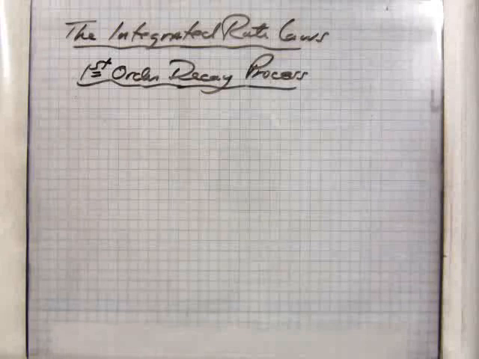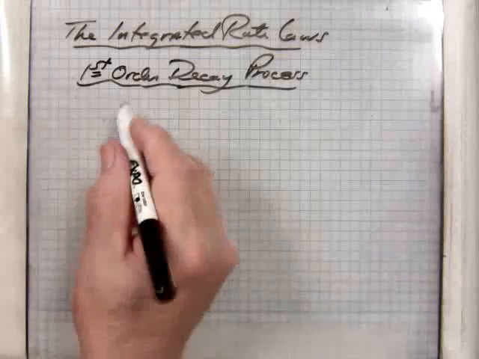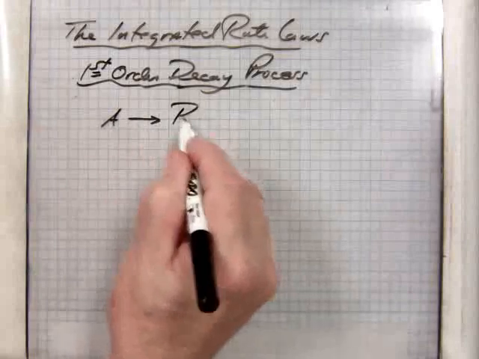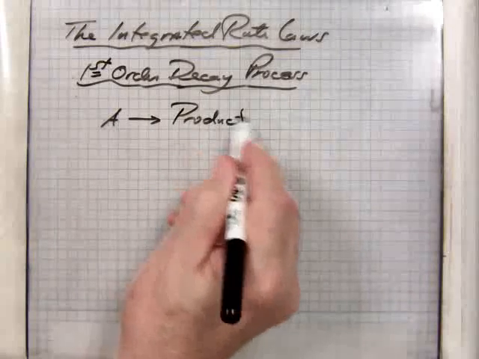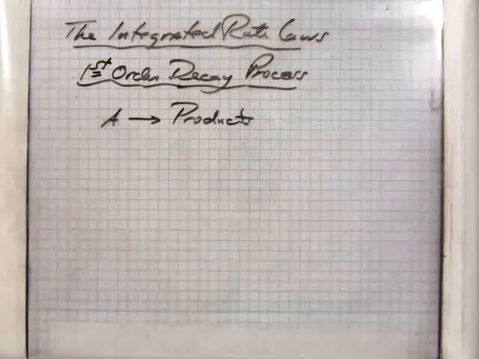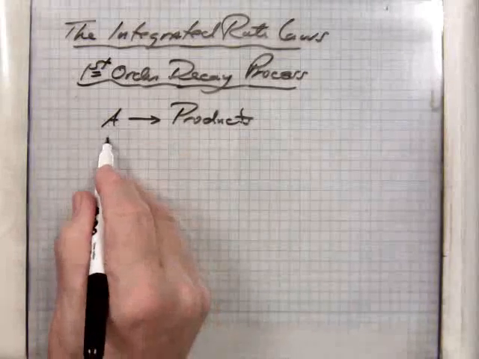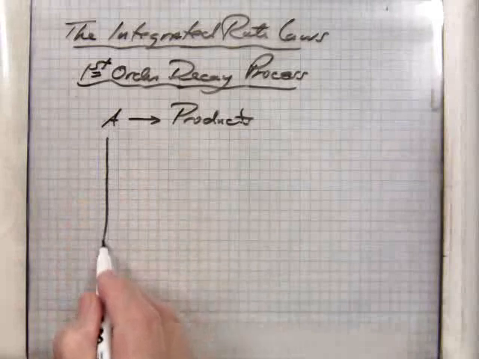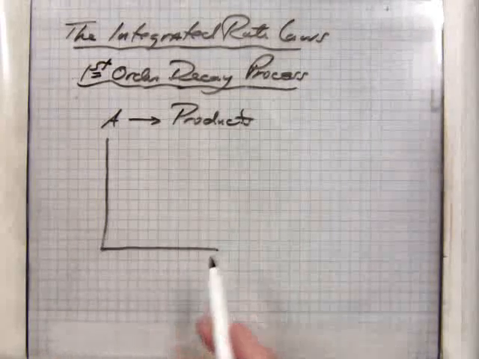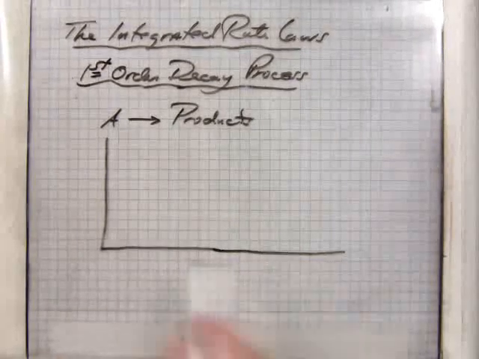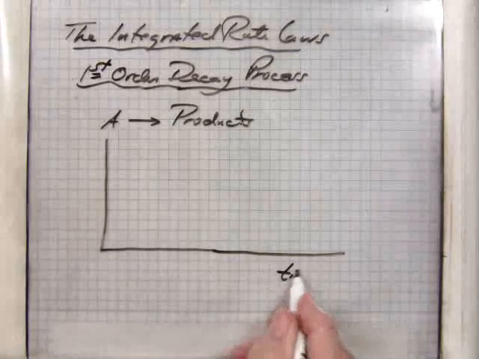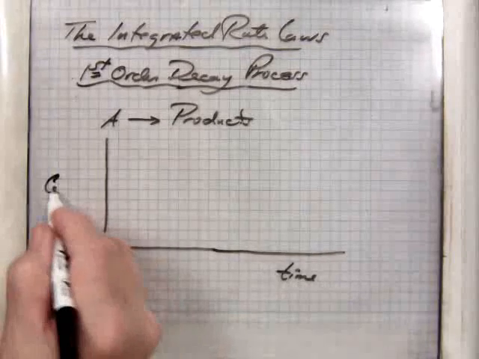For a hypothetical reaction, A going to products, A would change into something else over time. And so if it is a first order trend, you will observe the process as a function of time and concentration.